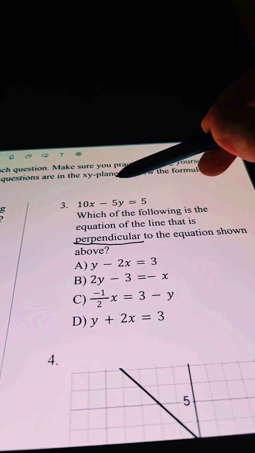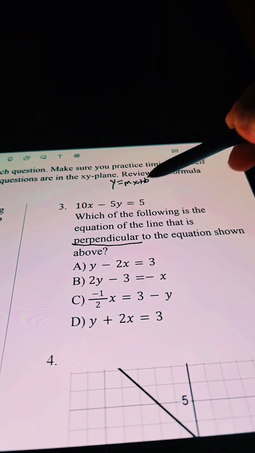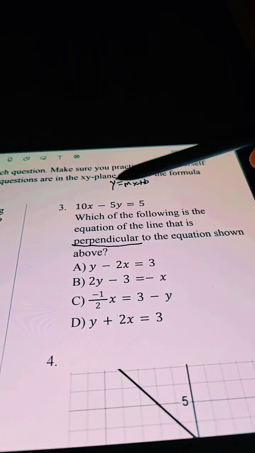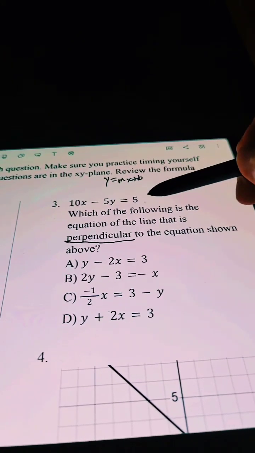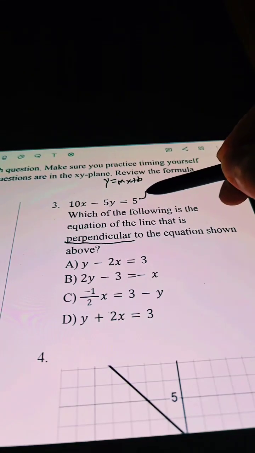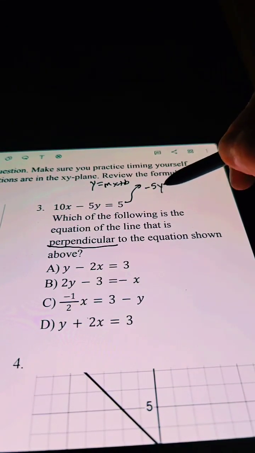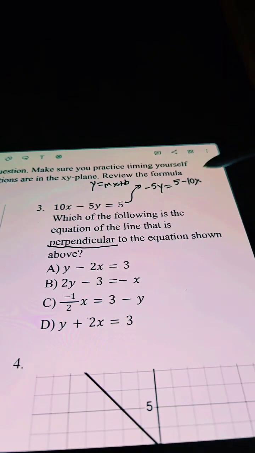Now you'll notice this is not in our typical y equals mx plus b format, so we have to change it so that we get y completely by itself, just like in the formula, so that we can easily see what the slope is. So that's what I'm going to do. I'm going to subtract 10x from each side, and that's going to give me -5y is equal to 5 minus 10x.